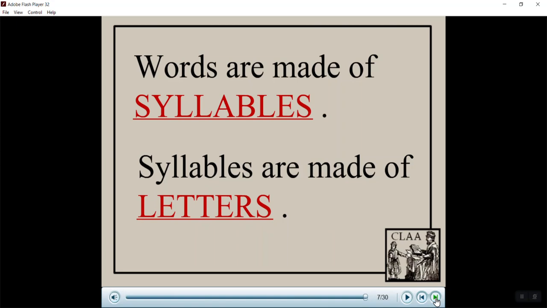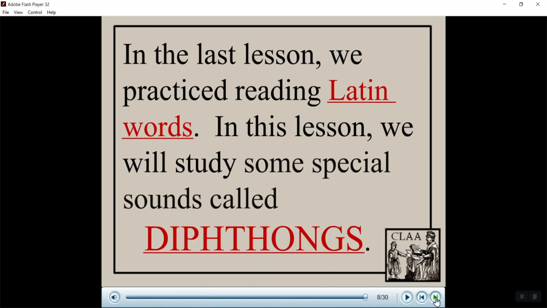In this lesson, we're going to put syllables together and read words. In the last lesson, we practiced reading Latin words. In this lesson, we will study some special sounds called diphthongs.